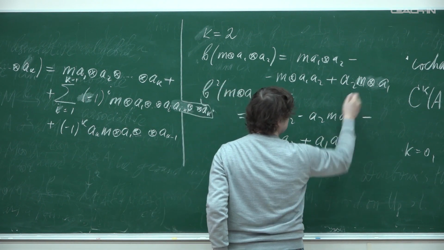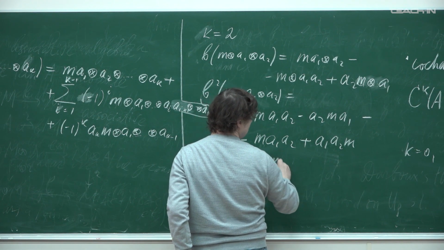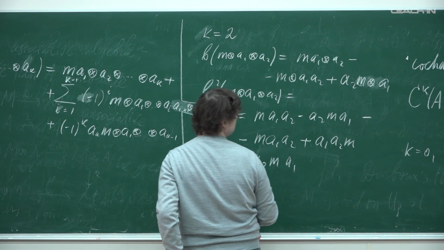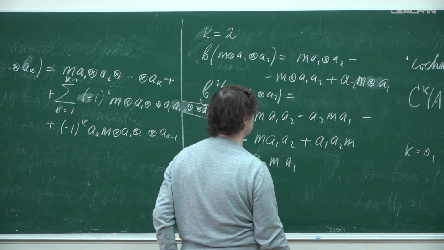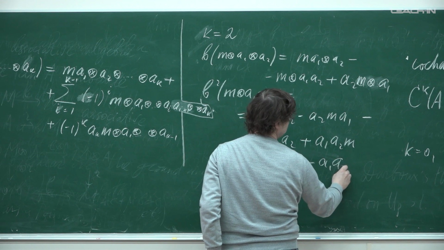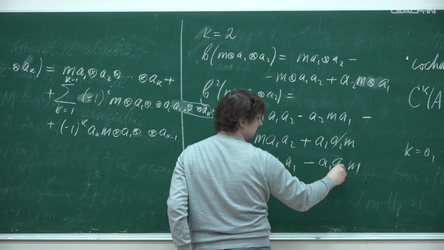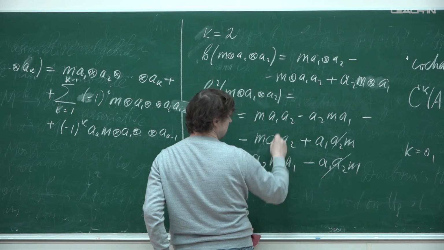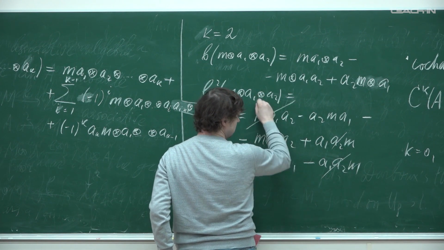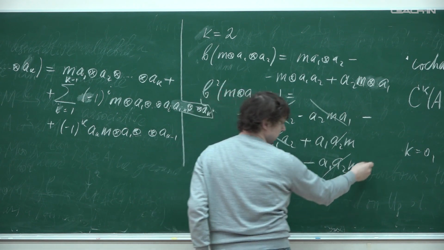After this we add a2 m a1, right, and subtract a1 a2 m. And all the terms, as you see, cancel out. For instance, this cancels out with this, with this, and finally this with this. So it is equal to 0.